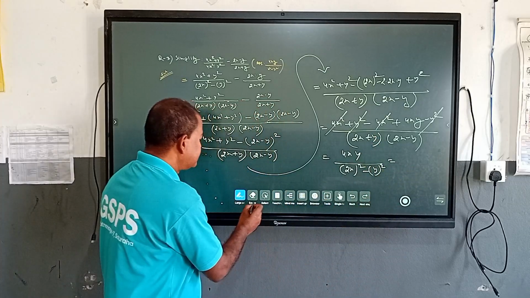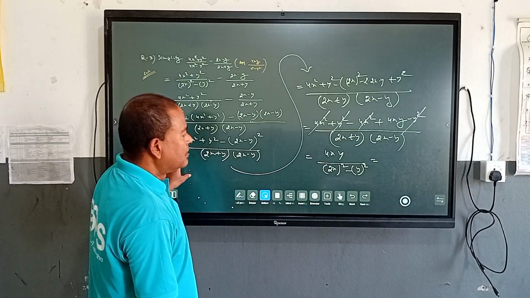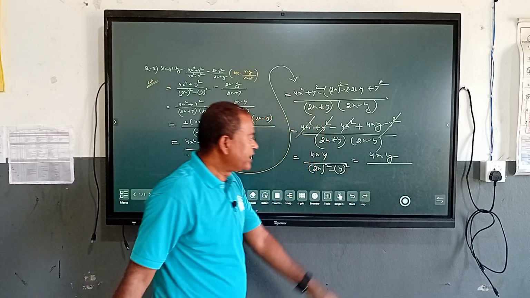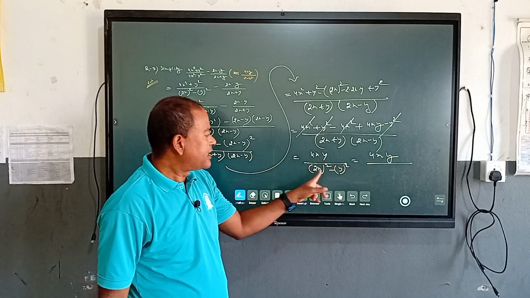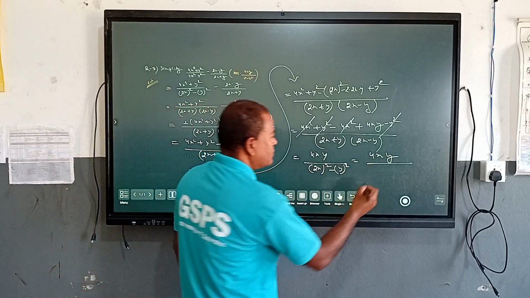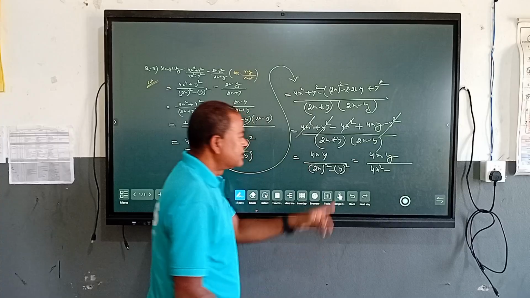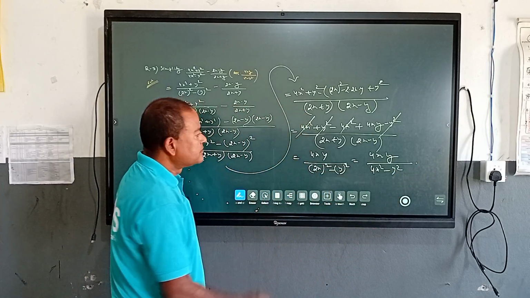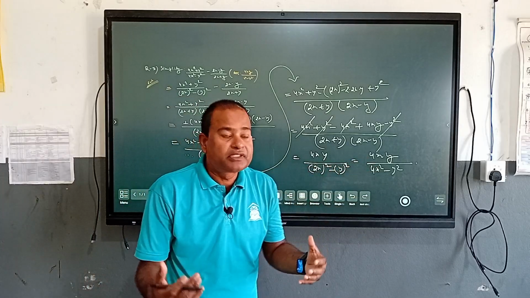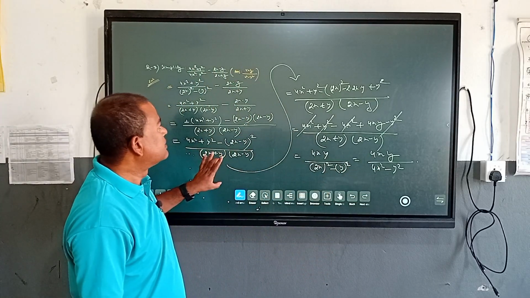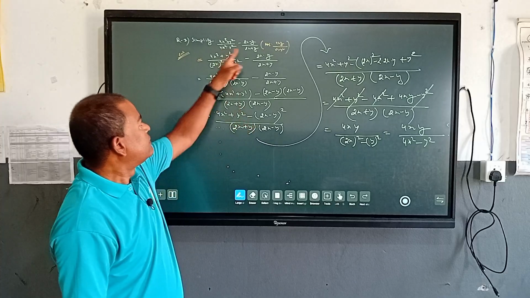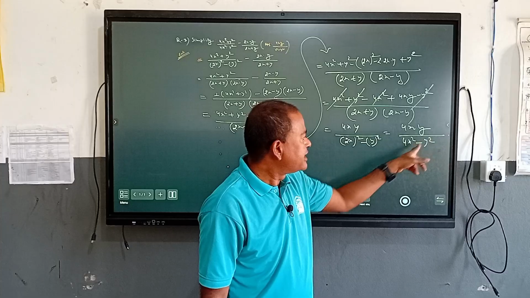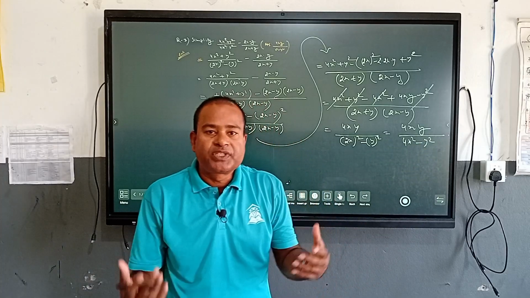So dear students, now at last we get 4xy divided by 2x whole square, that means 4x square minus y square. So dear students, this is the required solution of the simplification of the given two rational expressions, which is 4xy divided by 4x square minus y square, which is the answer of this question.